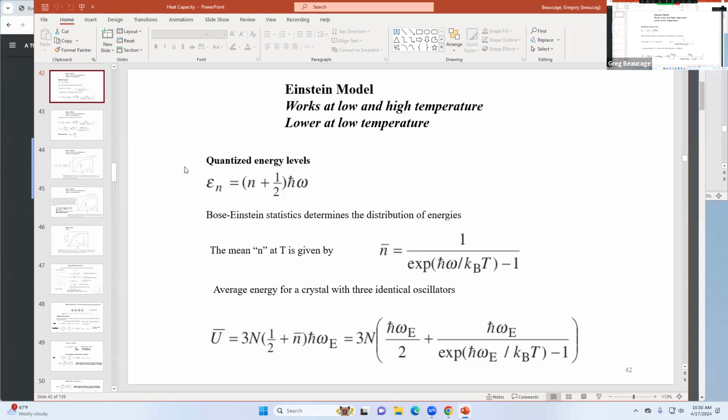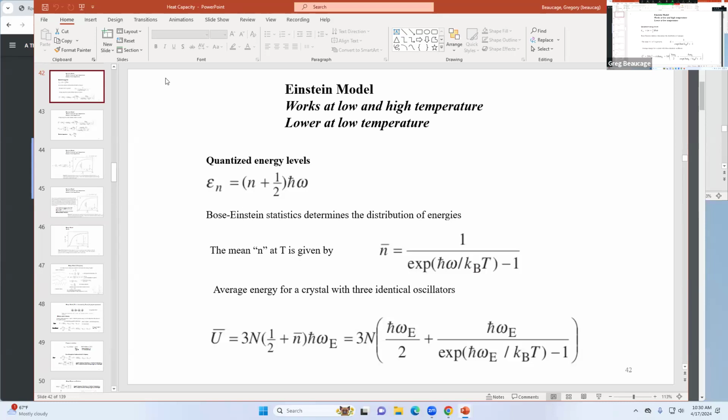Then Einstein came up with a model based on quantum bond vibrations in a metal crystal that could predict the heat capacity. The 3R of Dulong-Petit works great until you get to low temperature, so absolute zero, basically. And this Einstein model describes why those vibrations change as you go to low temperature.